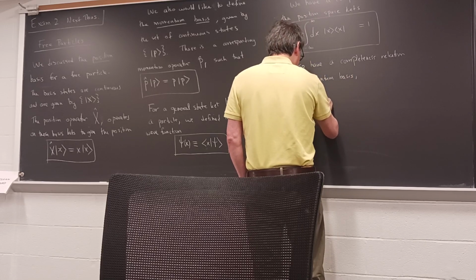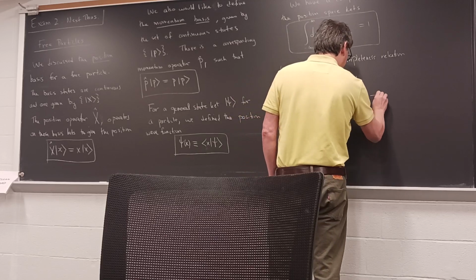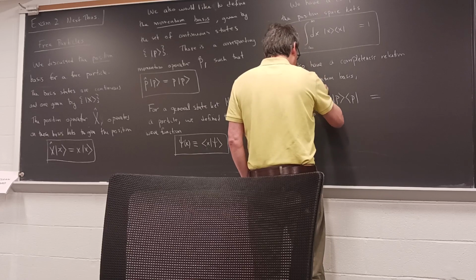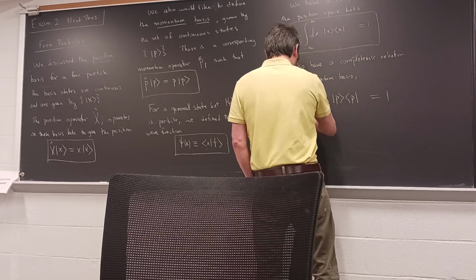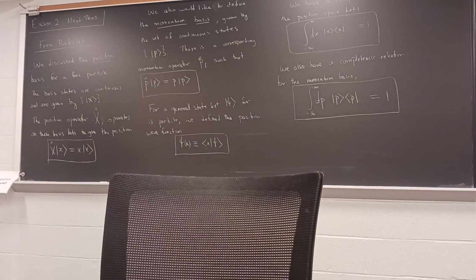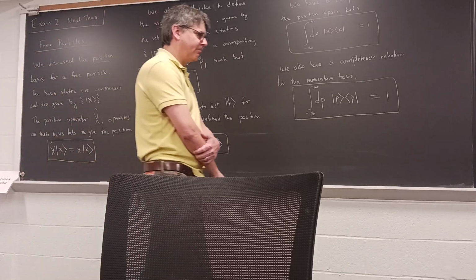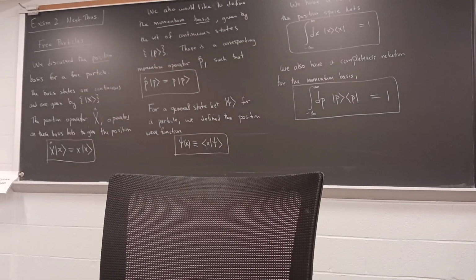And that says that we can integrate the operator |p><p| over dp, and that also gives us 1. Okay, so are there any questions about just the basic definitions that I've written down here?